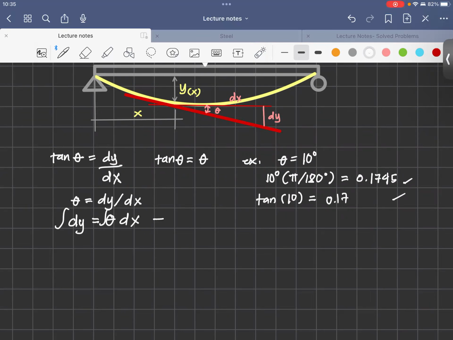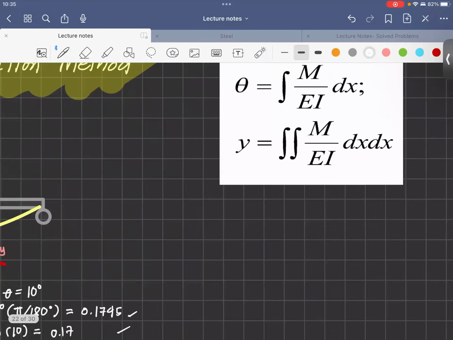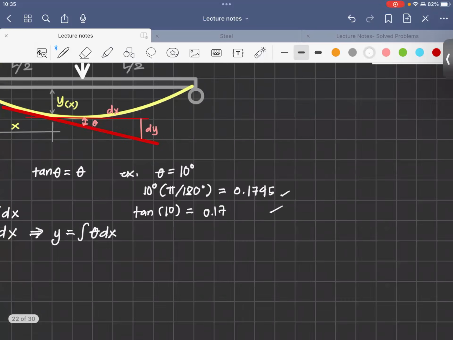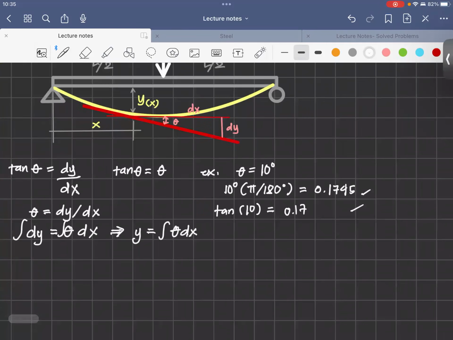Rewriting, we will have y is equal to the integral of theta dx. Okay, so now we have an equation, but in terms of theta. What we want is an equation in terms of moment. This means the deflection is equal to the first integral of the slope or the angle.